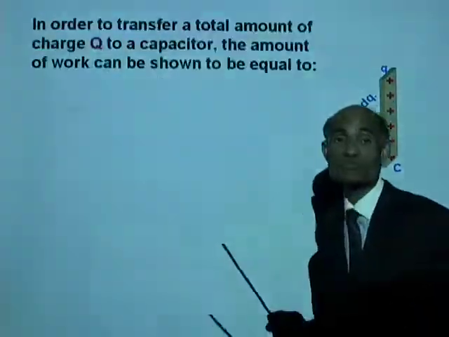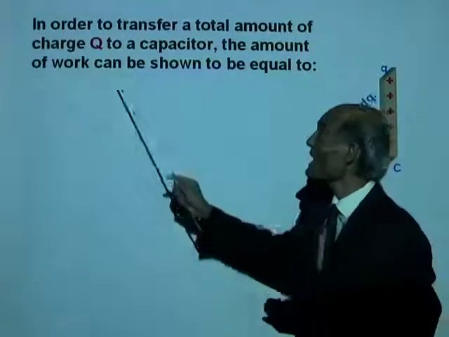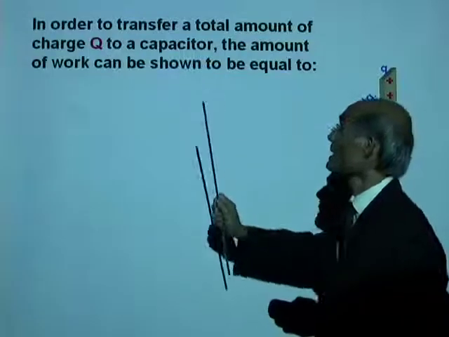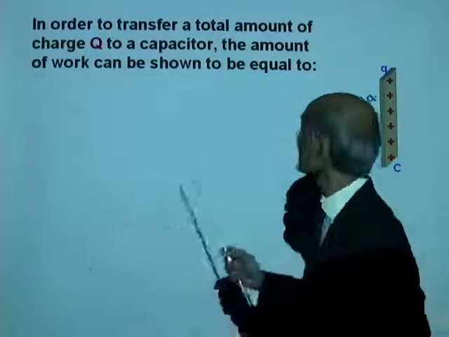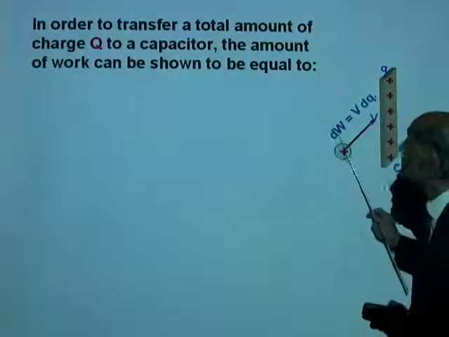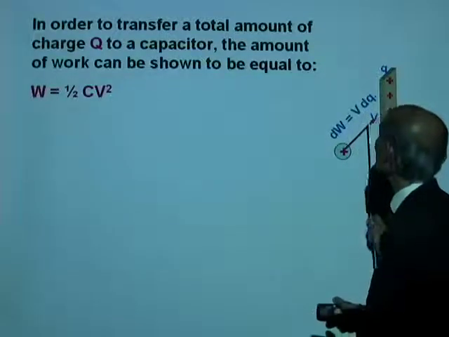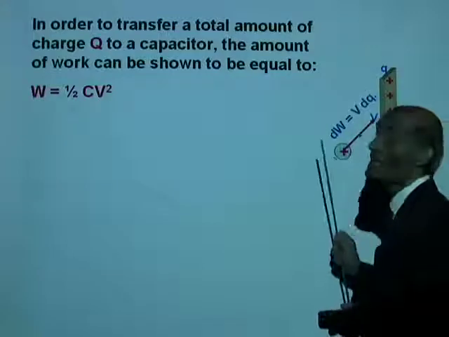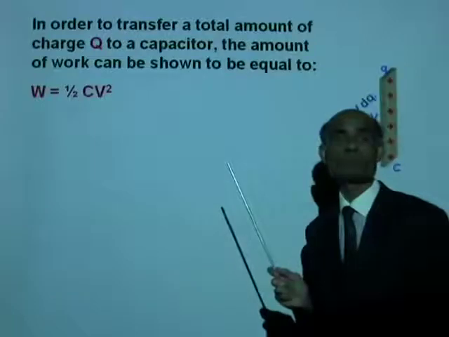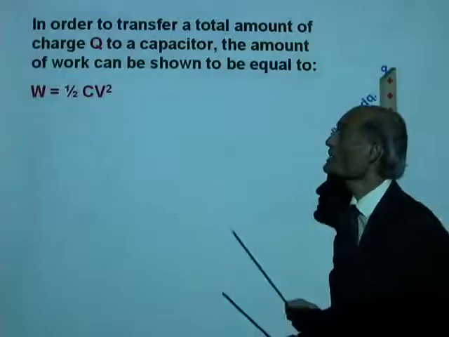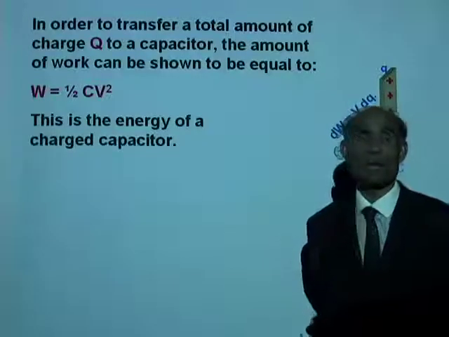In order to find the total work to transfer a total amount of charge Q to a capacitor, the amount of work can be obtained by integrating dW, as the potential increases from V1 to V2. And we can show that it is equal to 1/2 CV squared.